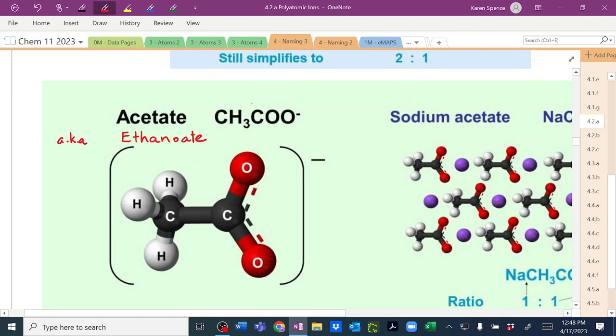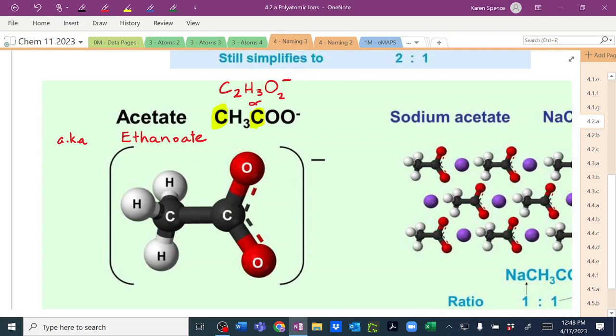Okay, so it could be like this, or we could have C2, because we have 2 carbons, H3, and then how many O's do we have? We have 2 O's, and the charge is -1. So that is a possible way of writing it as well.